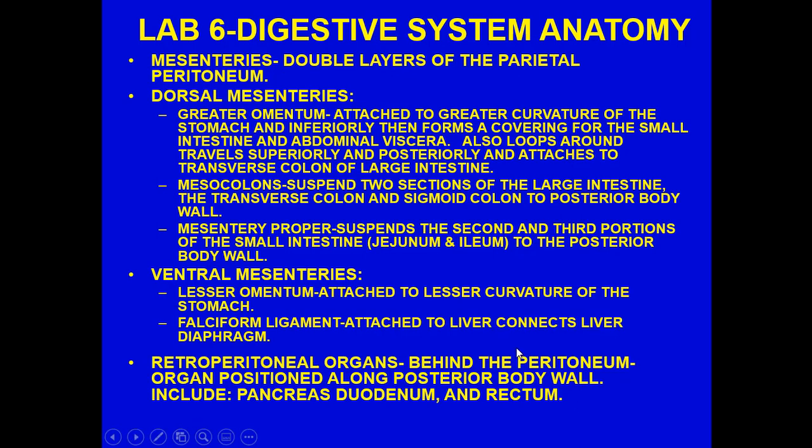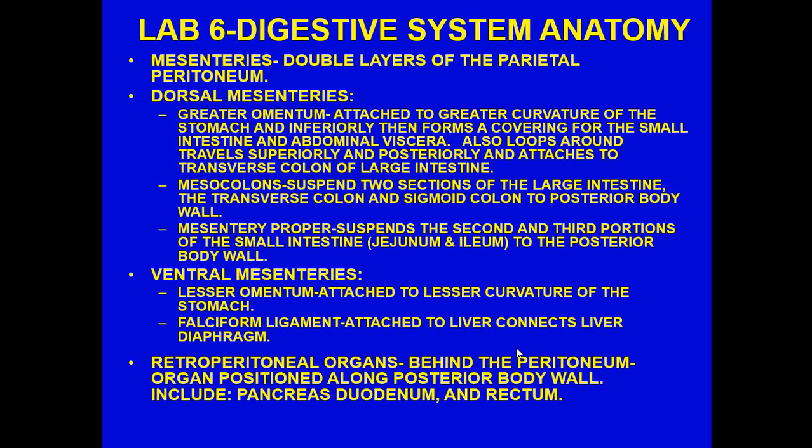Keep in mind that many of the organs, in essence, hang or freely float around inside of the abdominal cavity. Some are partially attached into the body wall, the posterior part of the abdominal wall.